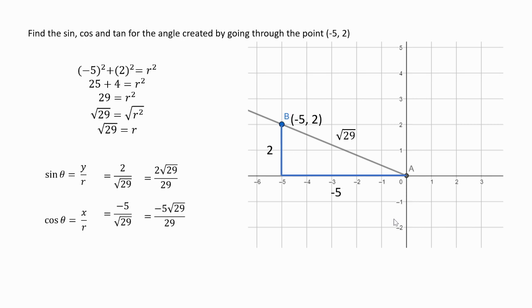So we get -5 root 29 over 29. Then lastly, the tangent is the y value divided by the x value, which is 2 over -5. Okay, and I'll probably just put that negative sign out in the front. That is going to matter down the road, though.